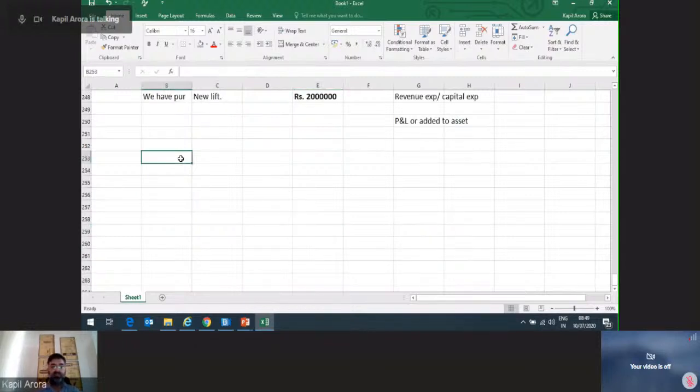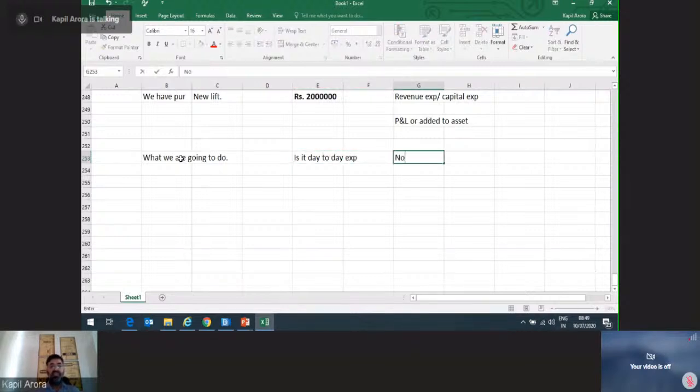What are we going to do? Since it is a replacement, a new asset is getting added. One thing, is it our day-to-day maintenance part? Are we spending money on day-to-day expenditure? Is it day-to-day expenditure?